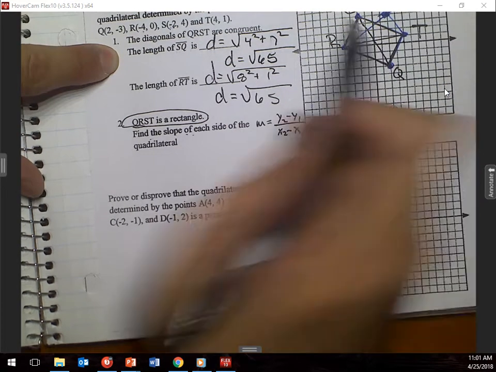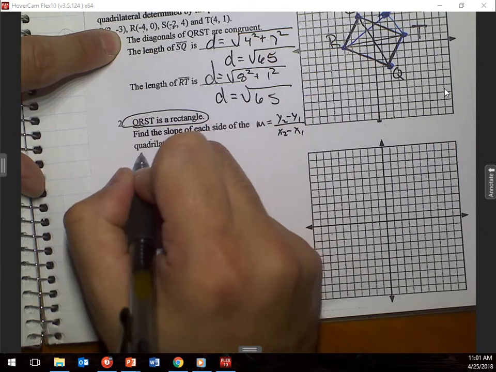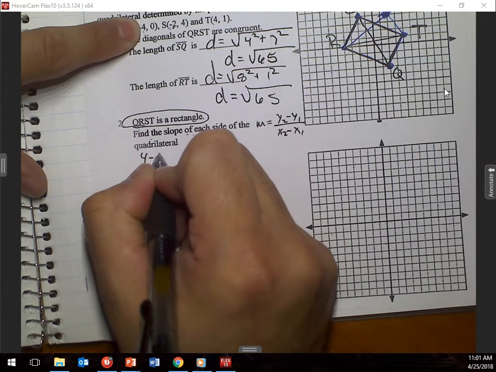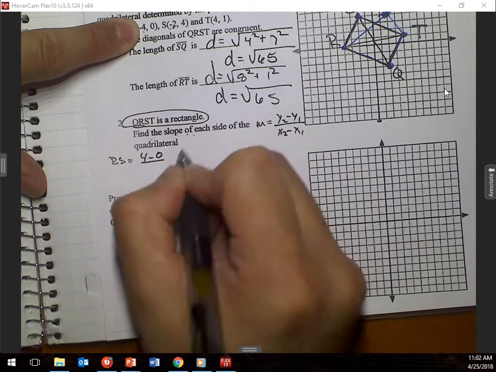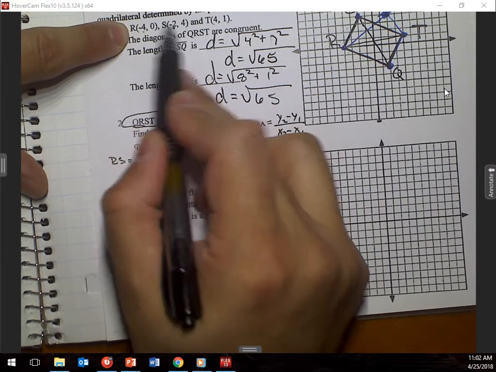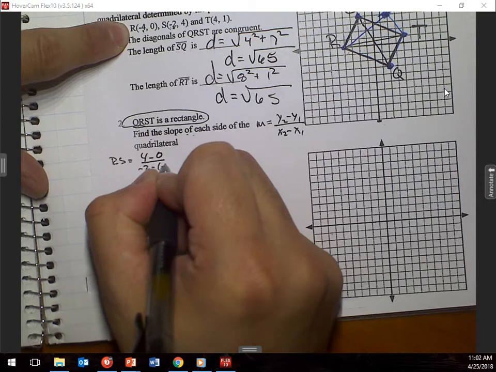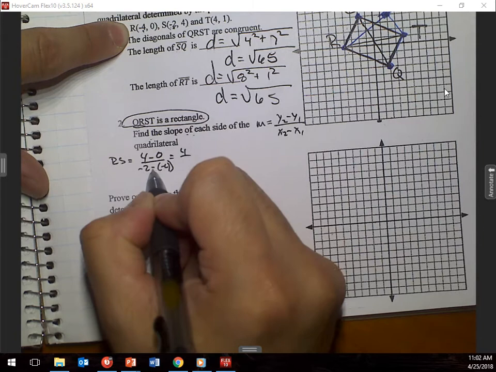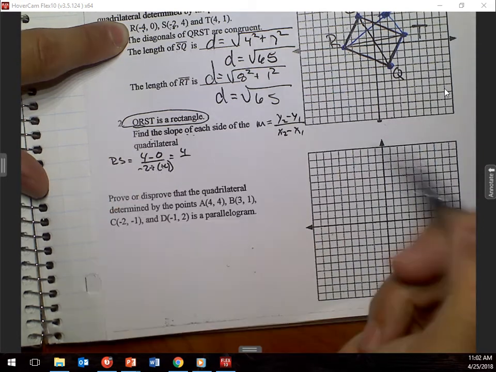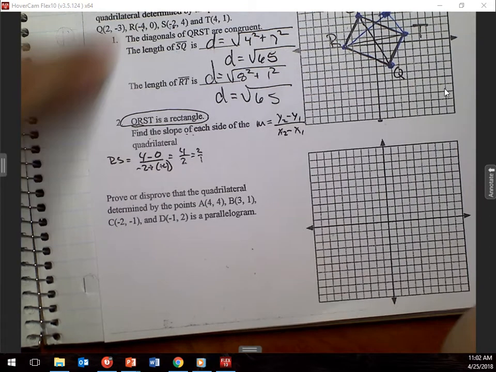So it's going to be Y2, 4 minus 0 over -2 minus -4. So it's going to give me 4 over, change that to plus, the minus negative becomes plus 2, so my slope is 2 over 1.